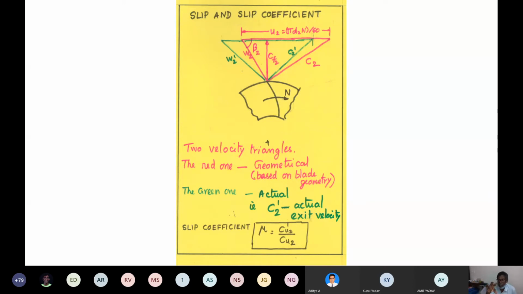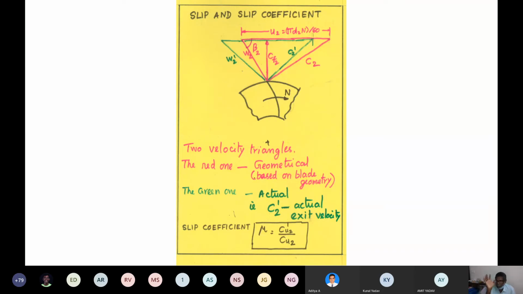The flow area is pi d, the circumference, multiplied by the width of the impeller at exit, the opening width. So Q divided by pi d2 b2, small b2, will give us CF2. So always this is drawn for a particular speed and a particular discharge.